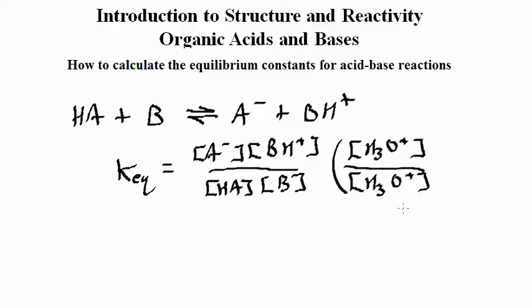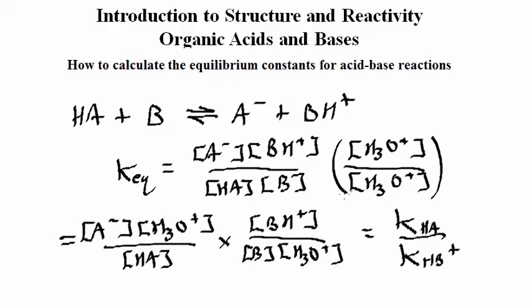Now, if we multiply the right-hand side of this equation by H3O+ over H3O+, which is just 1, this gives a new expression, which upon rearrangement becomes the Ka of the acid HA divided by the Ka of acid BH+. So here is that written out explicitly.